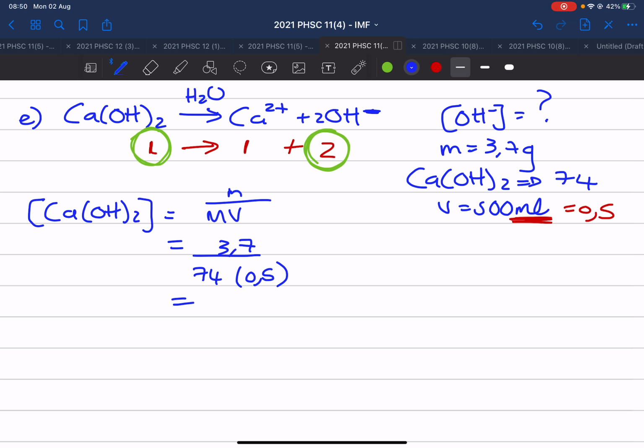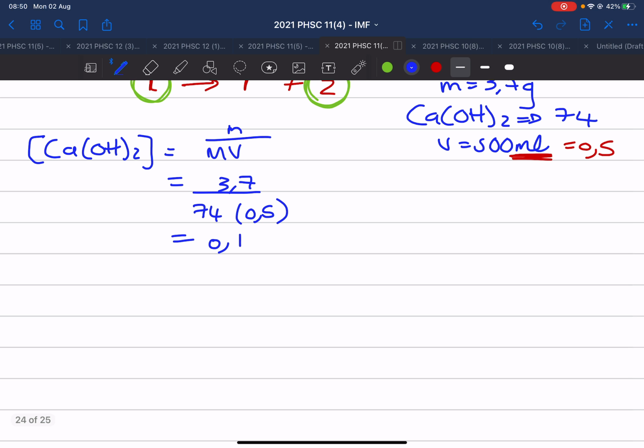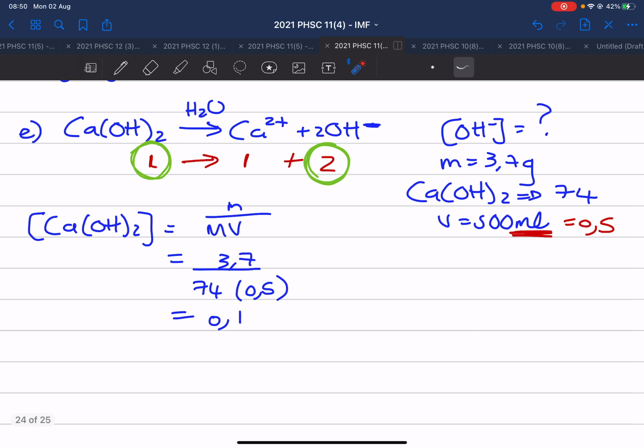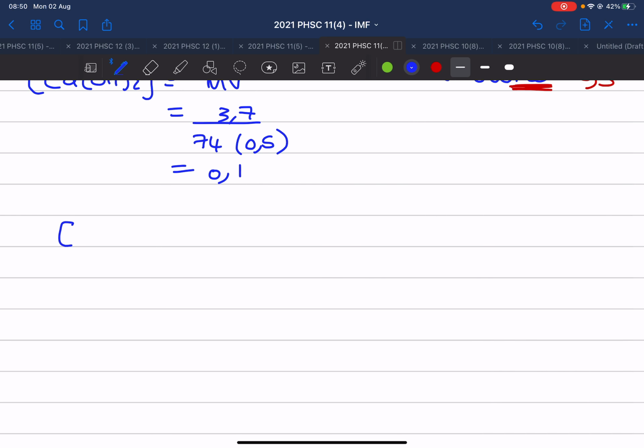So we have the concentration to be 0.1. But we know we don't want the concentration of the whole thing, just the hydroxide ion. So the concentration of the hydroxide ion will be 2 times 0.1, and that gives me 0.2 moles per decimeters cubed.